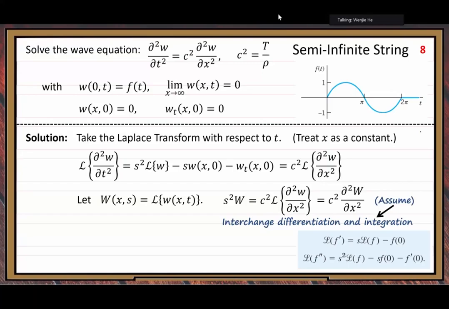All right. So after we do this, you can see s squared times capital W equals the second partial derivative with respect to x. Can we treat it as an ODE?